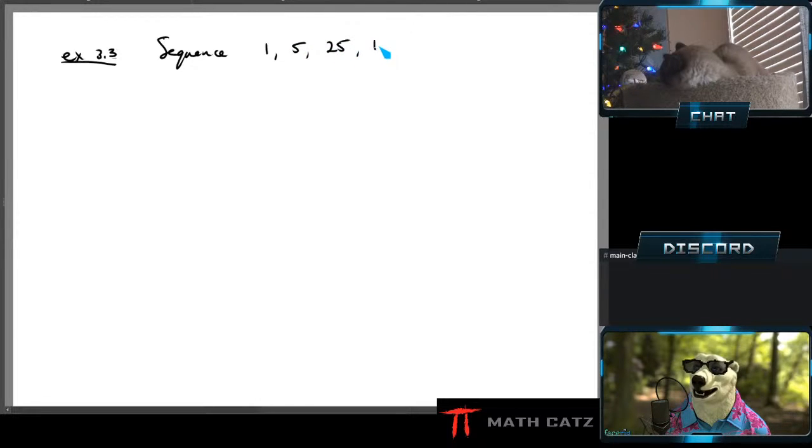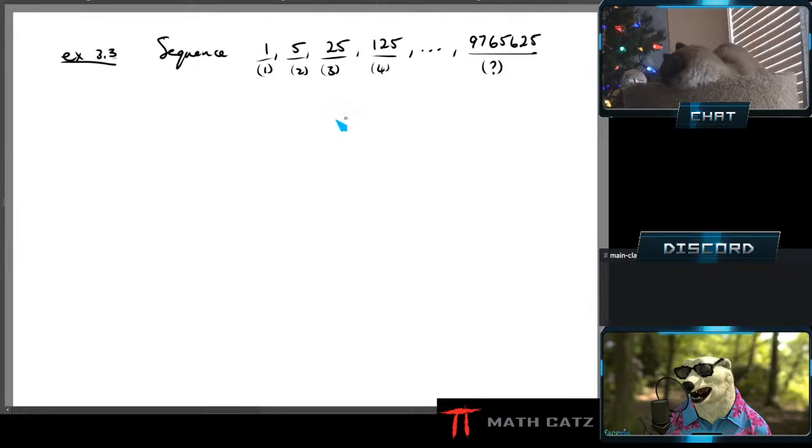Change that concept to multiplication instead of addition. And very quickly it grows to something very big here. This is position 1, this is position 2, 3, 4. I want to find out how deep into the sequence that is.